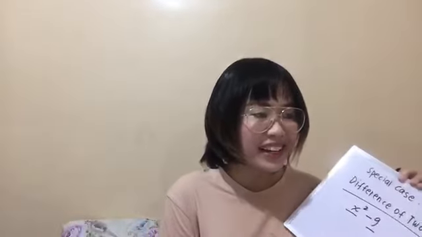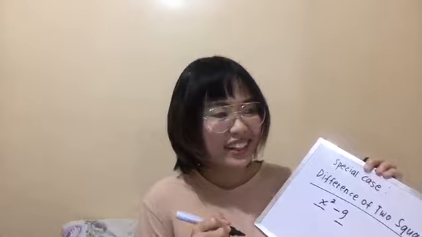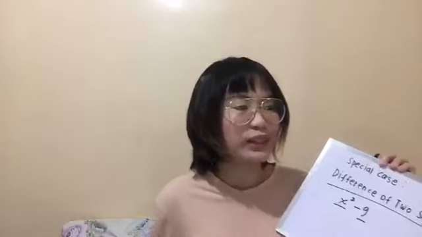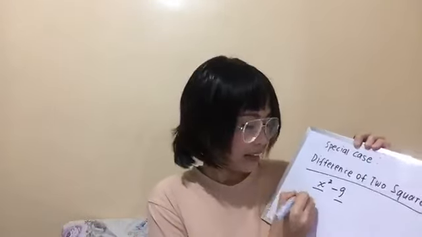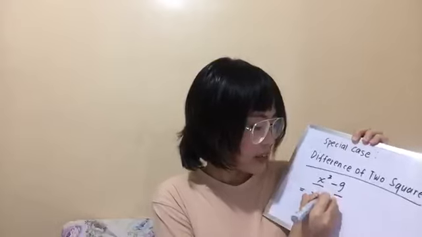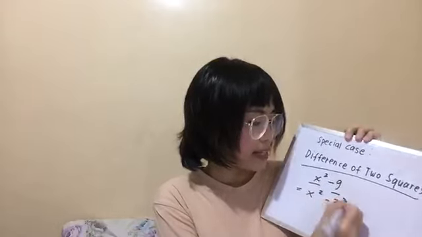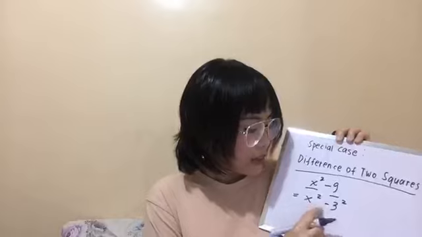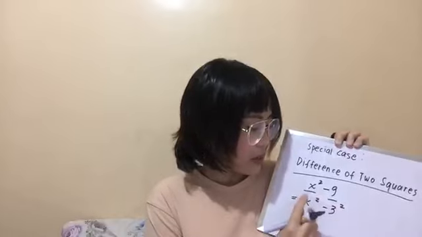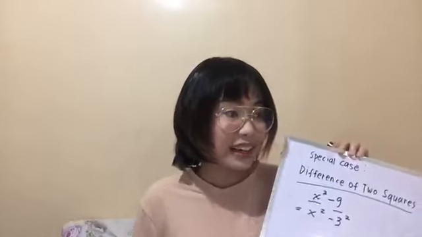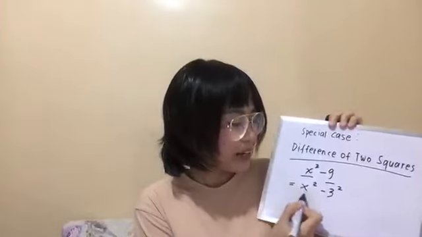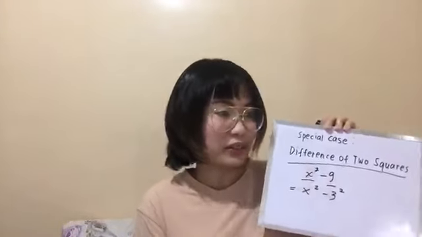What number is it that when you square it, the answer is 9? What's the square root of 9? Is it 3? Yes, that's correct. It's 3. So we can simplify this by saying that x squared minus 3 squared is equal to x squared minus 9, right? So these two are squares. That's why they are called difference of 2 squares.